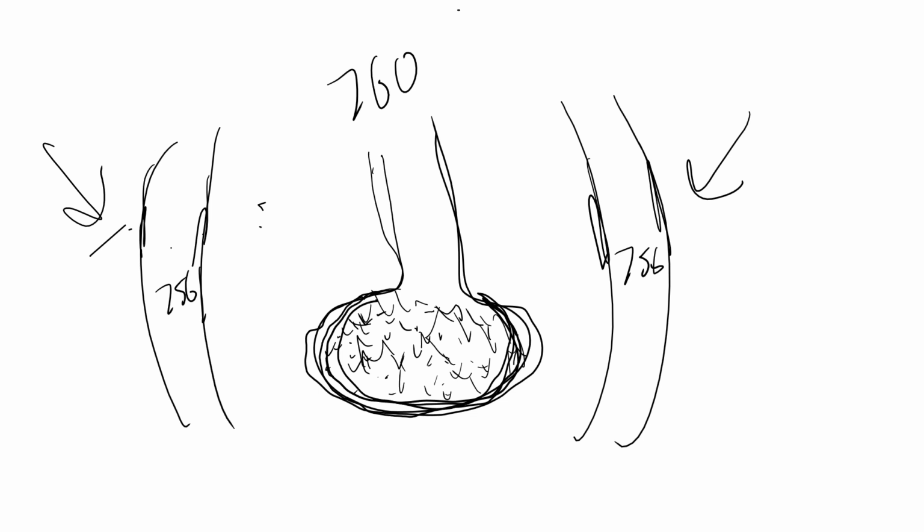So if the alveoli are shrinking, collapsing inward, the volume of the alveoli, of the lungs, is decreasing, but it's decreasing around all this extra air that came in from the atmosphere.